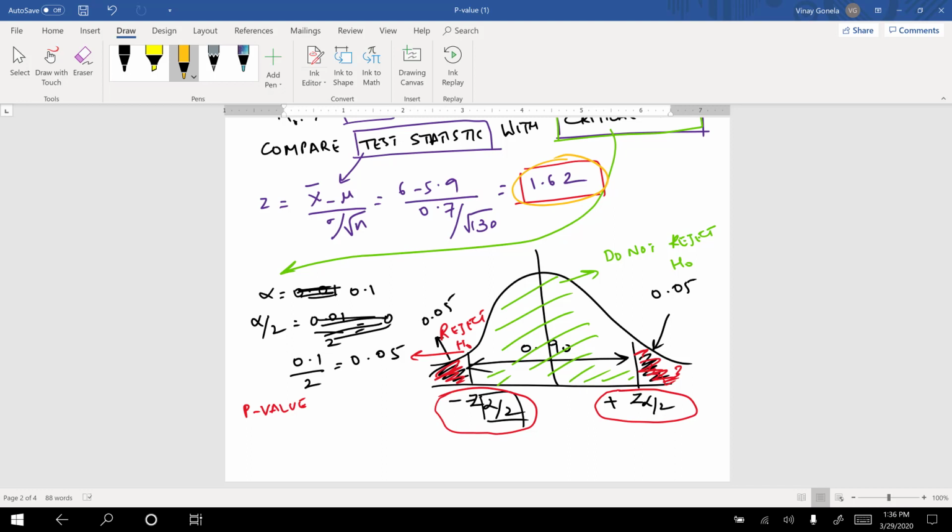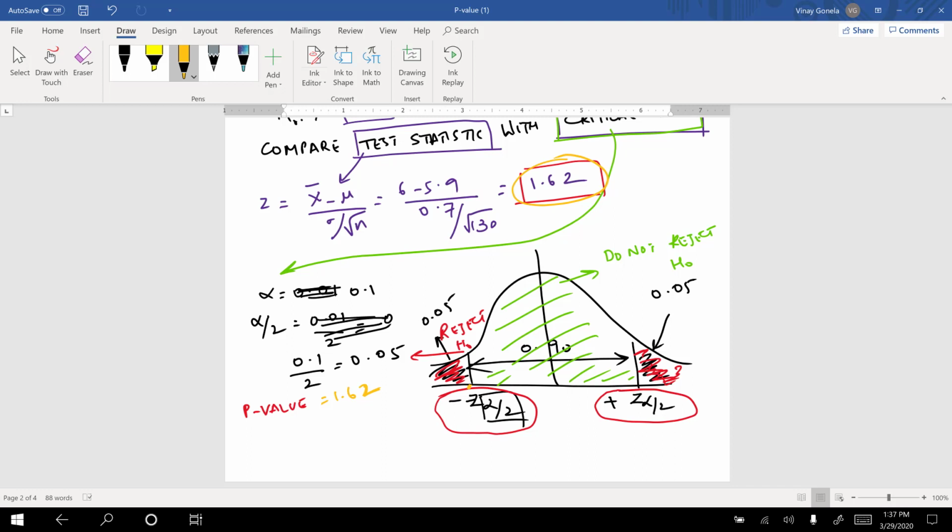So I'm looking for z is equal to 1.62 probability. So the other way is, because it gives us the left side of the curve, I can look at maybe negative 1.62 z values.